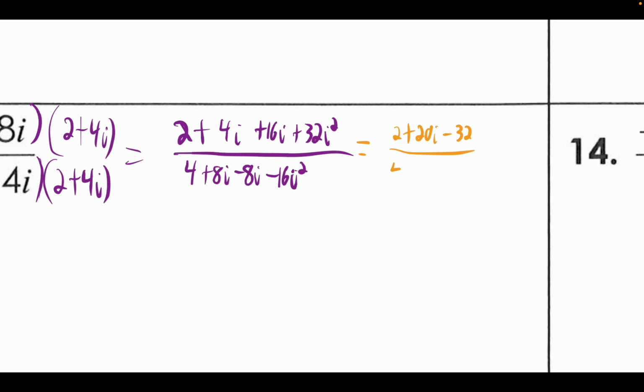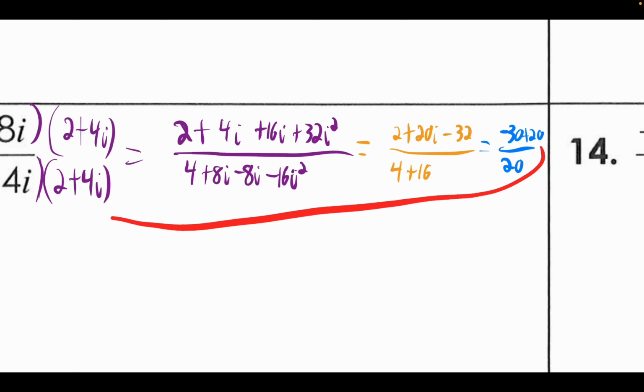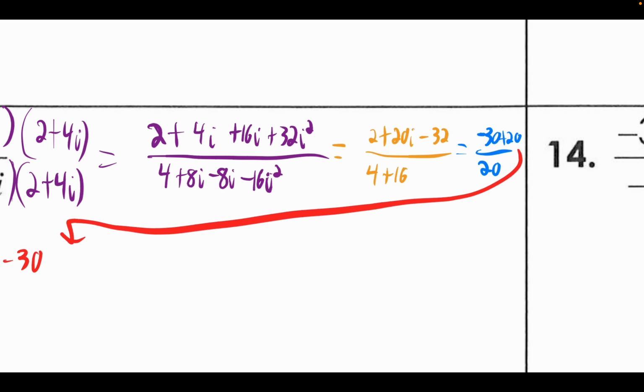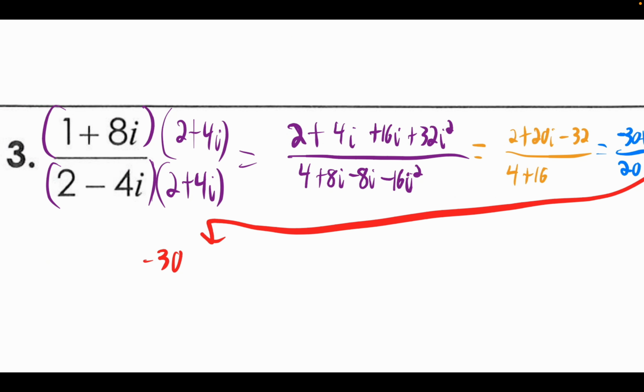And on the bottom, we end up getting 4 plus 16. So the top here is really negative 30 plus 20i, and the bottom is 20. This can in fact reduce, so we will reduce. So negative 30 plus 20i, my apologies, I wrote just plus 20 there. So we're going to write negative 30 over 20 plus 20i over 20. Well, negative 30 and 20 reduced by 10, and we get negative 3 over 2. The other is reduced by 20, and we get i, or i over 1.